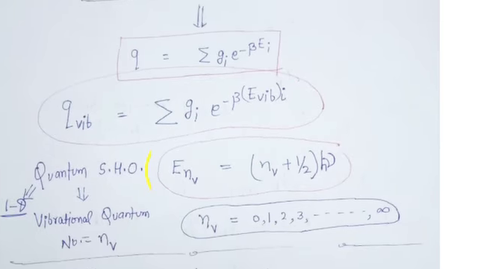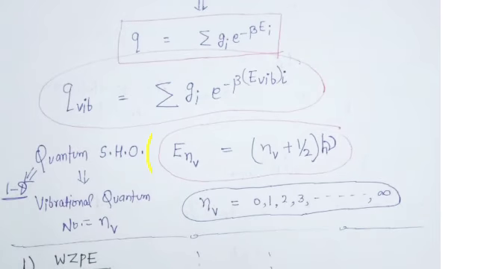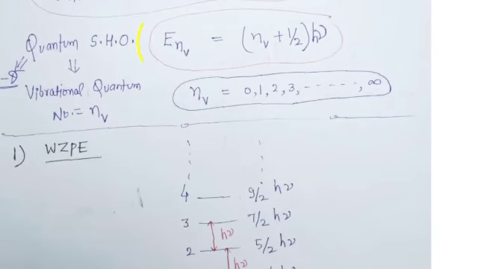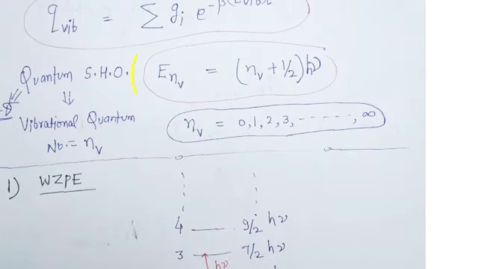Okay, now as you know, Nv, the vibrational quantum number, has values varying from 0, 1, 2, 3 to infinity. So if we put Nv equals 0, then we will get some energy value, that is half h nu.